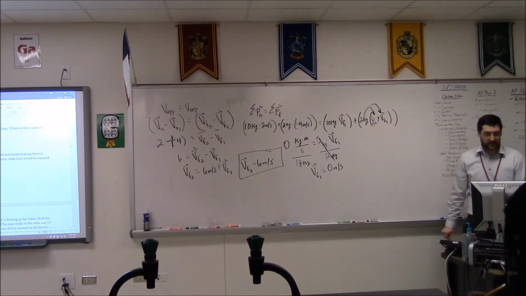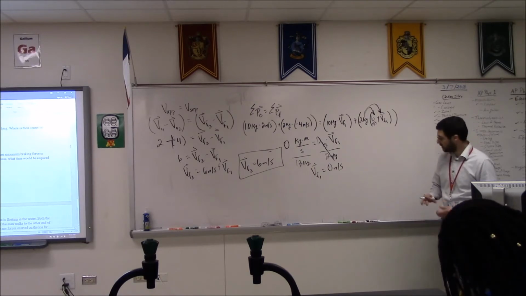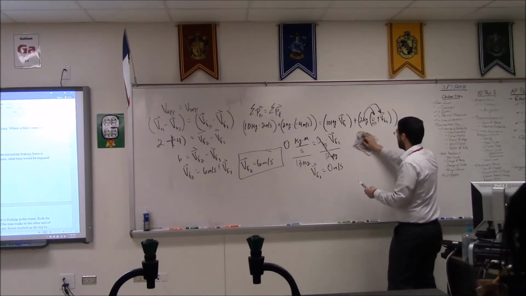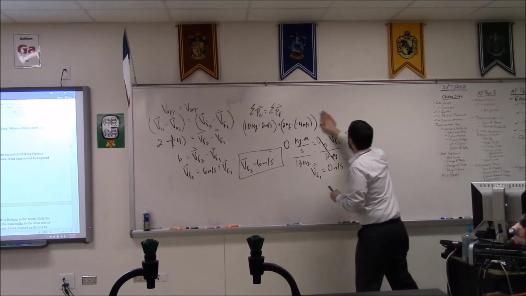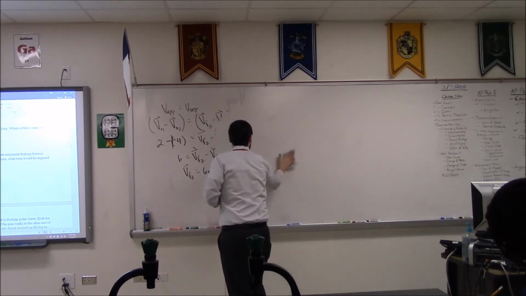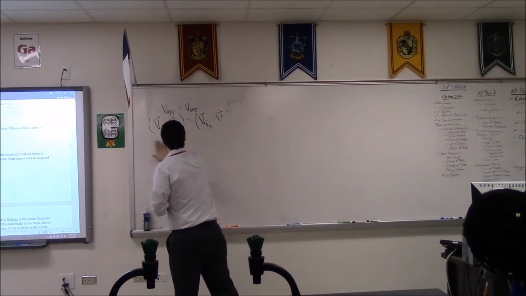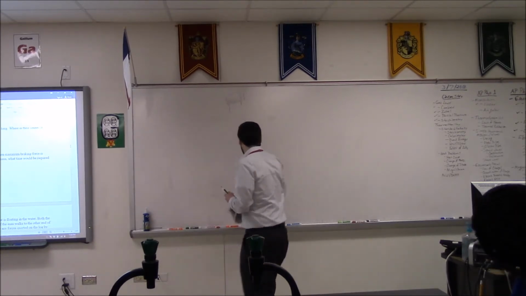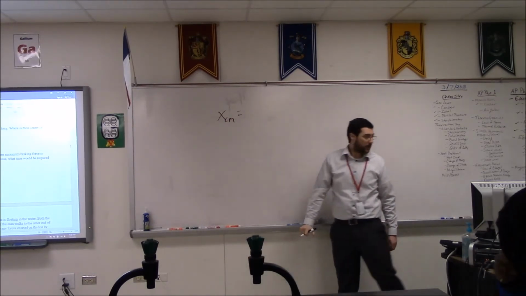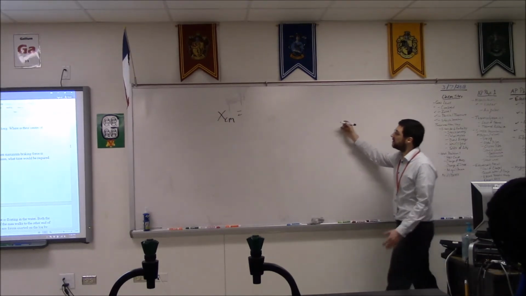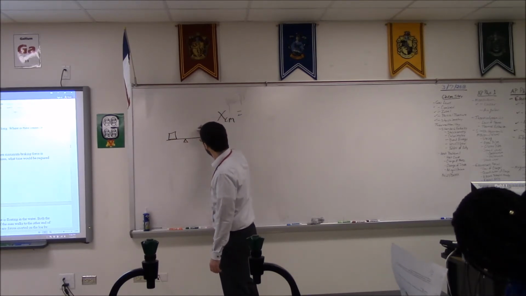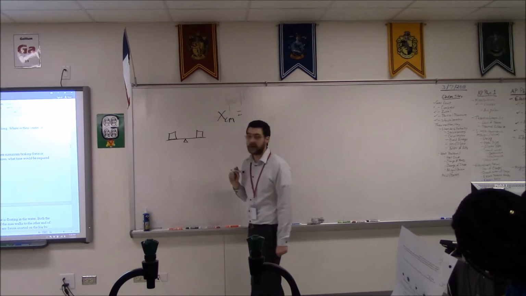Number 18 is the center of mass kind of question. Alright, so we've got the center of mass is equal to, now if I look at this problem, it's saying I've got some person on a seesaw on one end and the other person on the other end.